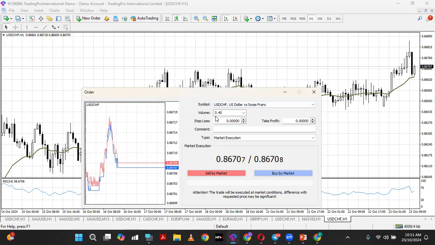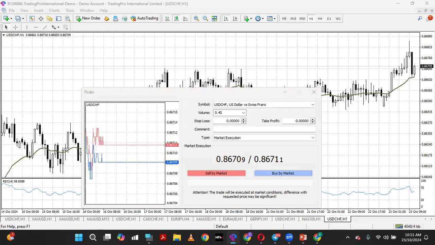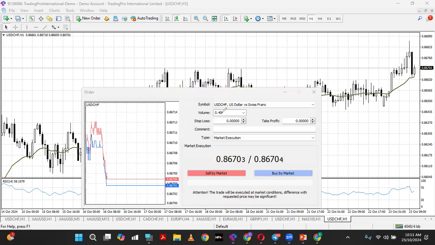This volume is what is referred to as the lot size. The lot size is what determines what you control in the market. So let me just briefly do an explanation of what a lot size is. You can see this is 0.04, 0.40.